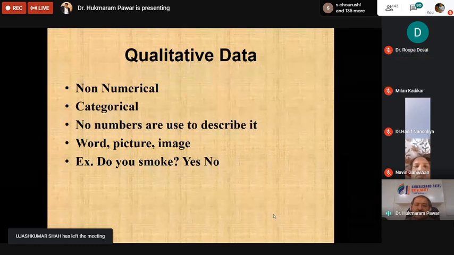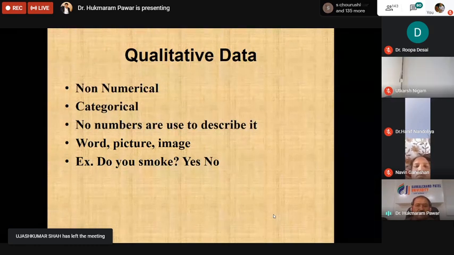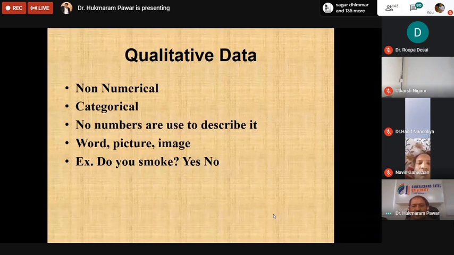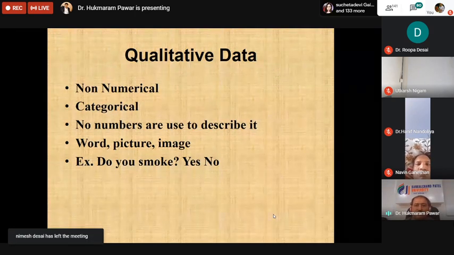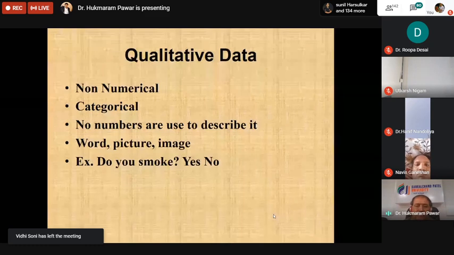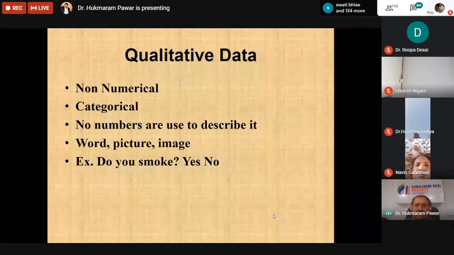So what does qualitative data mean? Qualitative data cannot normally be presented in the form of numbers. When we collect data from our respondents and from our source of data, the answers we have or the data we collected are not presented in the form of numbers.